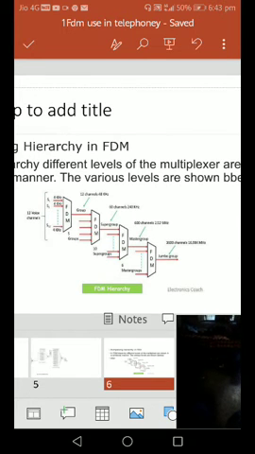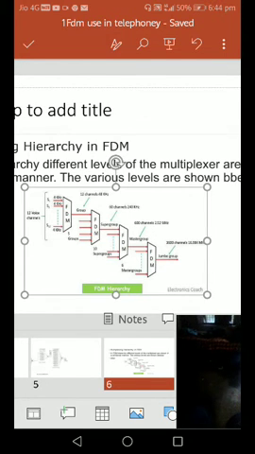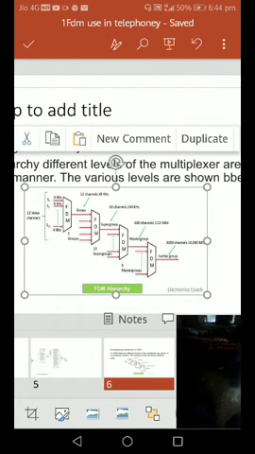Here 12 voice signals, each of 4 kHz bandwidth, are multiplexed. Then we get the output called the group. 12 voice signals, 12 into 4, is equal to a total bandwidth of 48 kHz. That group is multiplexed with 5 into 12 voice channels. We get the output of the second level of the FDM.